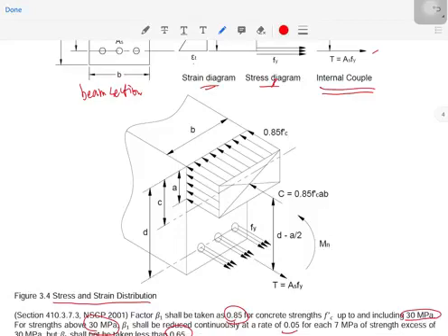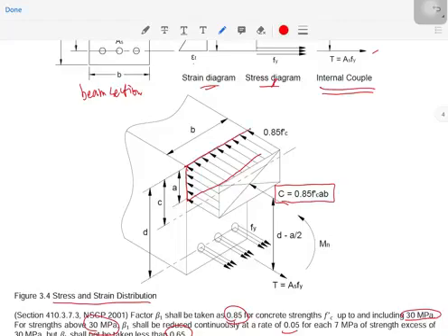If we draw it in 3D, guys, this is the rectangular stress block for compression. So we will convert it into a force wherein C is equal to 0.85 f'c a b.